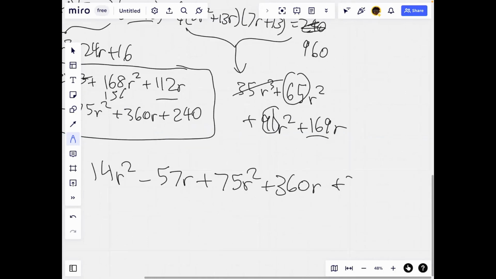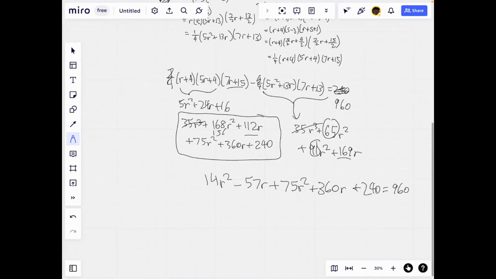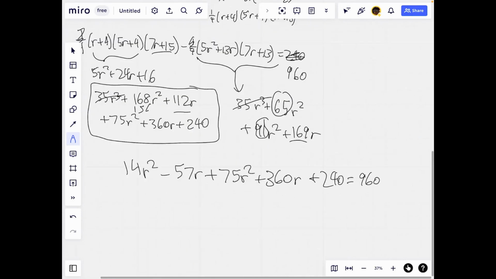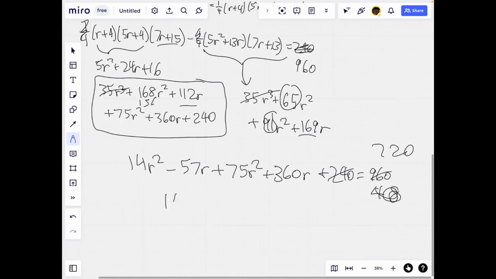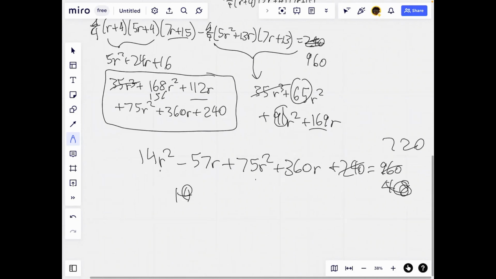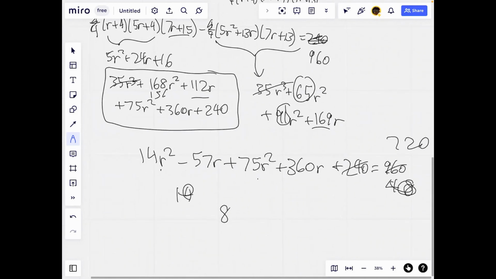Plus 240 is equal to 960. And we can also just subtract 240 on both sides. And so here we have 14r squared plus 75r squared is 89r squared.